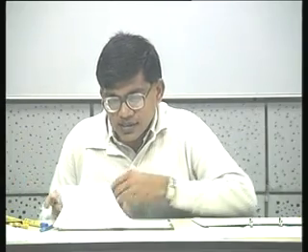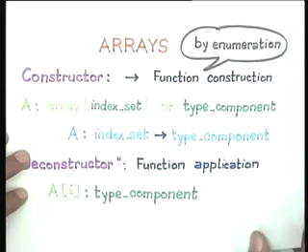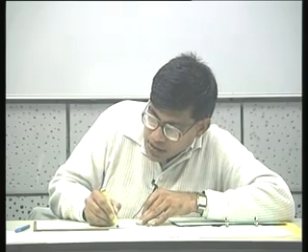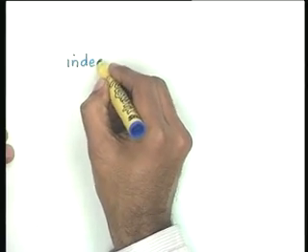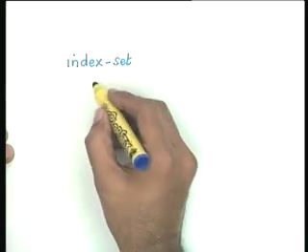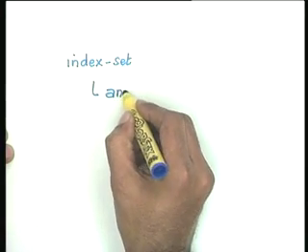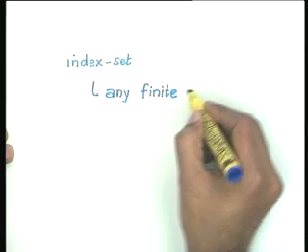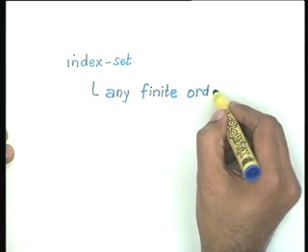So, an array is a function from the index set to a component type. So, this index set is by definition any finite ordered set.